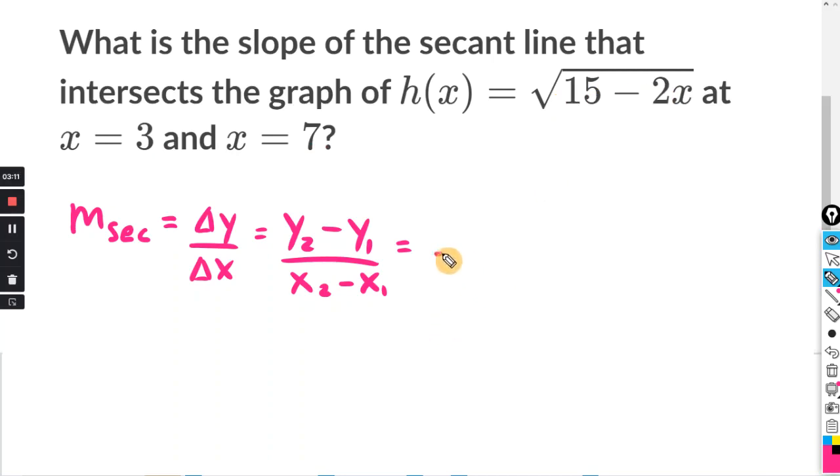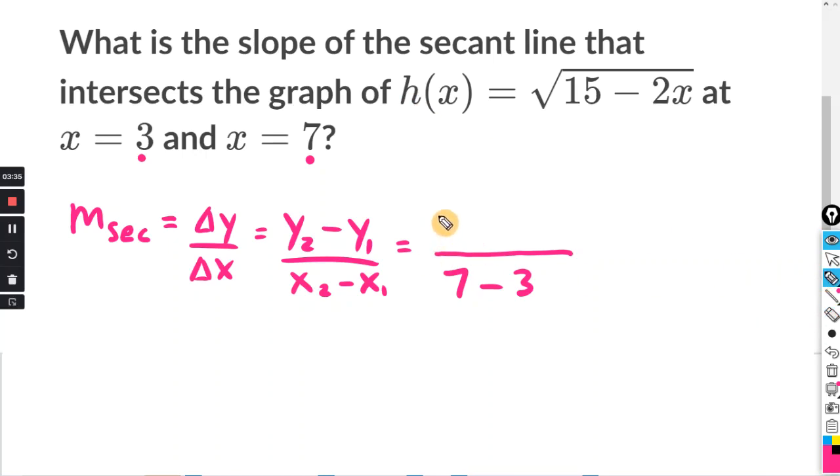All right, so in the denominator, we're just subtracting the x's, so that's going to be 7 minus 3. And in the numerator, we have to evaluate the function at 7. In other words, plug in 7. So the way to write that, you could say f, but in this case, the function is not f, the function is h.